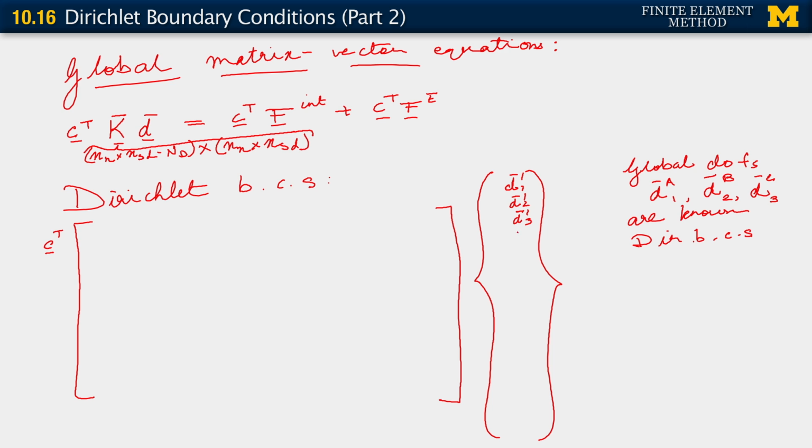What this says is that D bar A1 is known. I'm not going to write D bar A2 and D bar A3 because those are not specified.